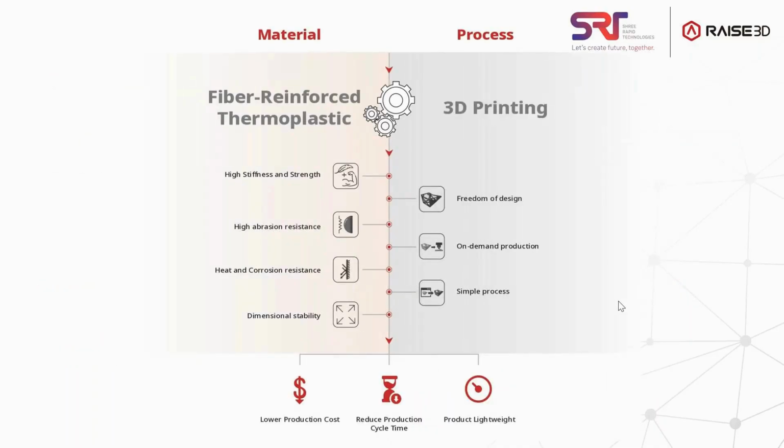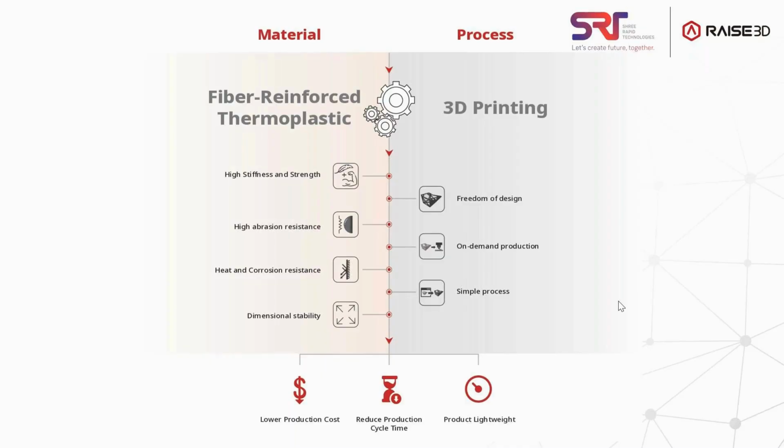Producing high performance components with fiber reinforced thermoplastic has been a sign of the growing demand of manufacturing. With the balance of shape giving and process flexibility, triple F printing using fiber reinforced thermoplastics is promising to lower production costs, reduce production cycle time, and produce lightweight components.